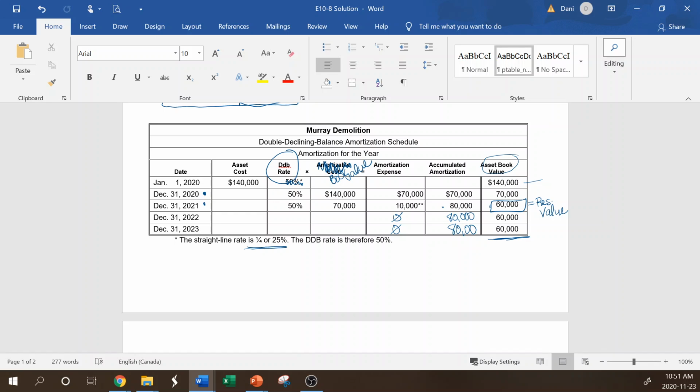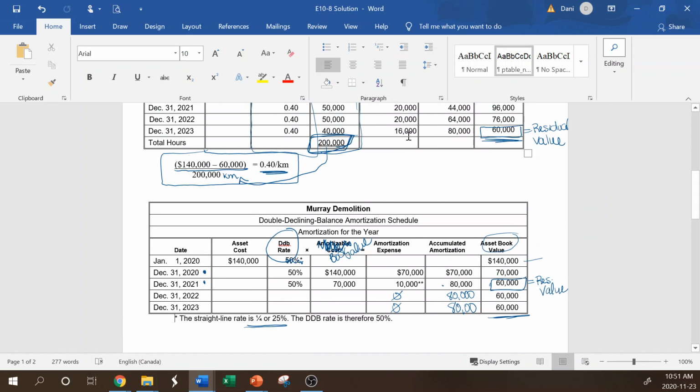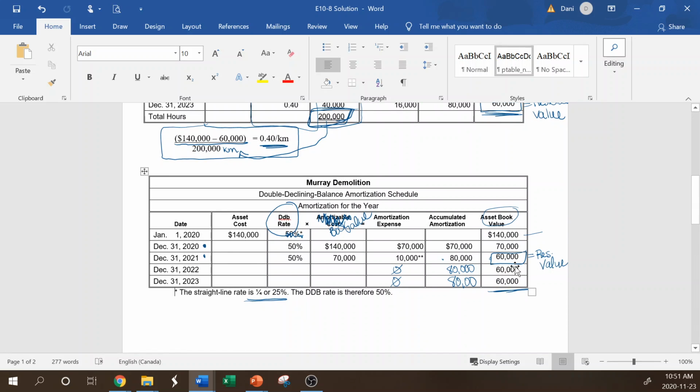So you needed to be careful on this one, and you need to in the future, here as well as in possible units of production, that you stop or you only record the amount of the expense that gets you to the residual value. So if you get to a year where your calculation gives you a higher amount, you need to stop at that point.